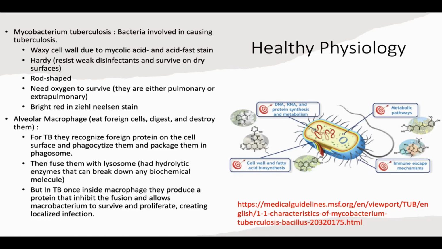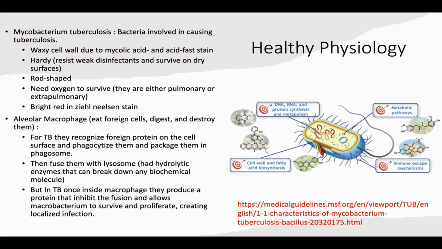Alveolar macrophages are known for eating foreign cells, digesting, and then destroying them. For tuberculosis, they recognize foreign protein on the cell surface, phagocytize them, and package them in phagosomes. Then they fuse them with lysosomes, which contain hydrolytic enzymes, which break down any biochemical molecule or bacteria.